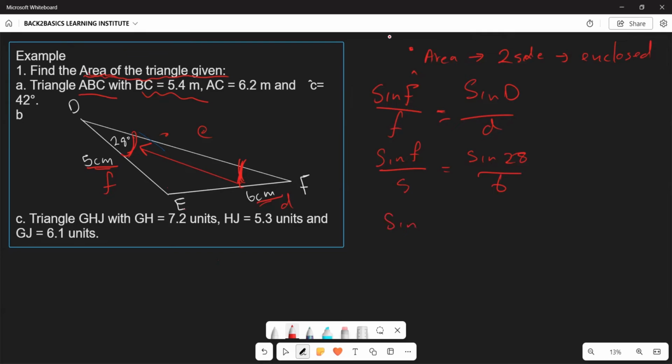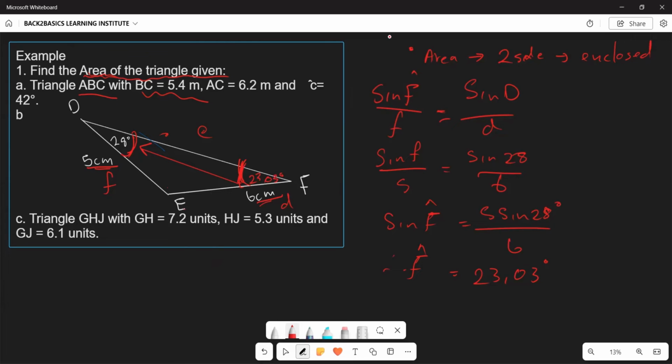So your sine of angle F is going to be given by 5 sine 28 degrees over 6, right? So therefore your angle F is going to be 23.03 degrees, right? So this angle here is 23.03 degrees.